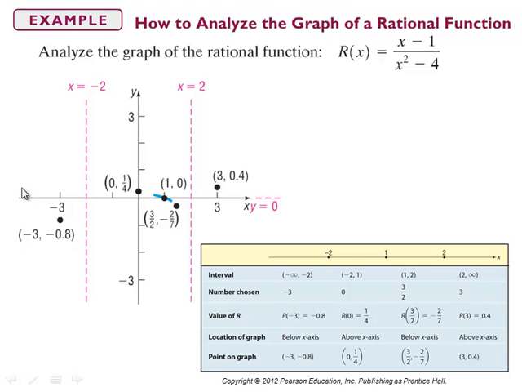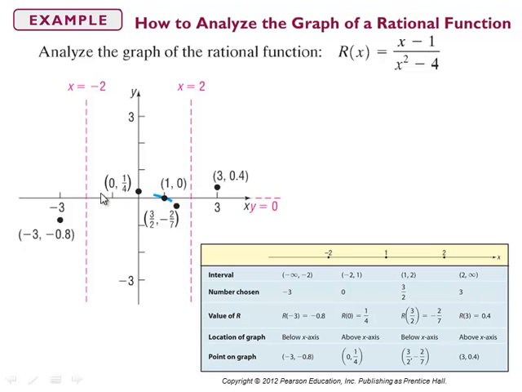And then to the left, as x goes to negative infinity, we have already determined that the horizontal asymptote is 0, the x-axis. So we know that the graph is going to go to the left and up, getting closer and closer to being horizontal as the curve approaches the x-axis. Similar discussion up here.